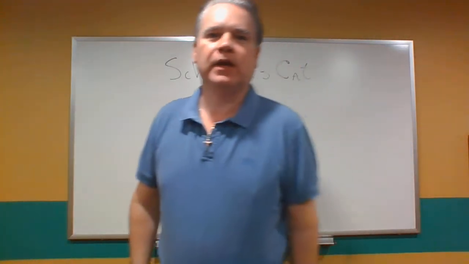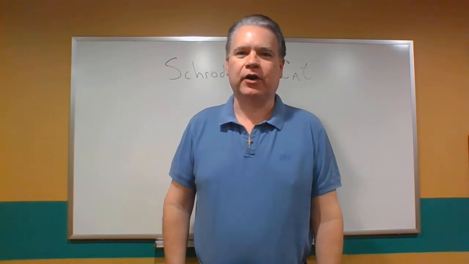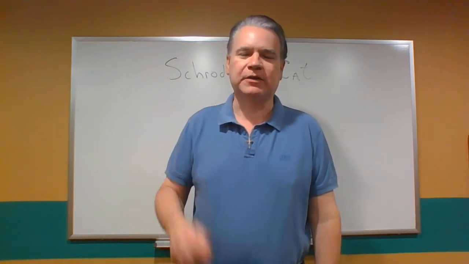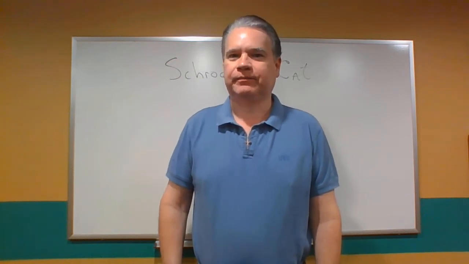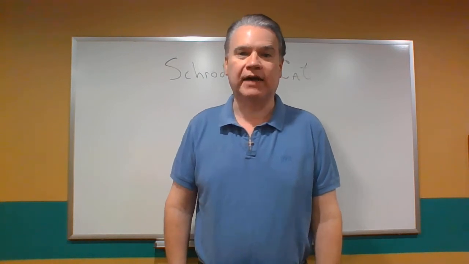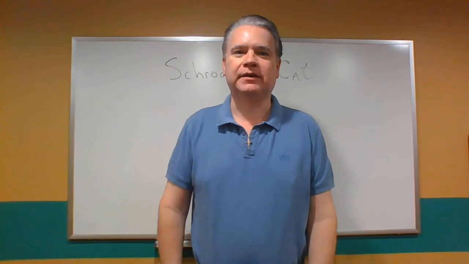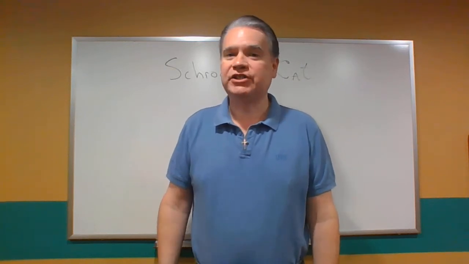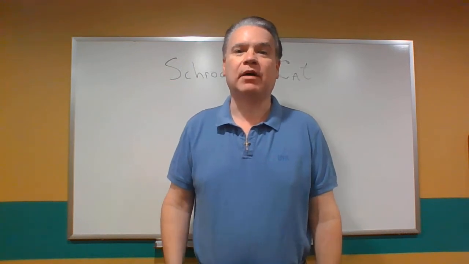Schrodinger's cat is a thought experiment created by Erwin Schrodinger, who's this famous physicist. And it has to do with the nature of reality at the quantum mechanical level. What this thought experiment says is, imagine you have a cat and you have a box.